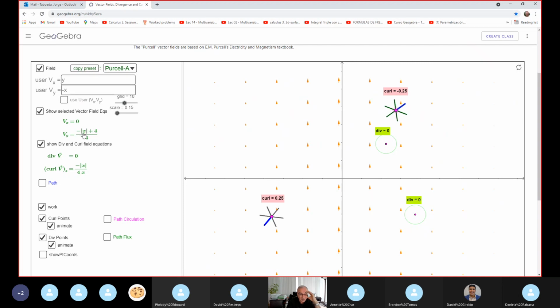Look in this formula. However, if it is minus, it is the opposite sign. So in this case, look, the curl is positive. If it is positive, it rotates the vector field counterclockwise. If it is negative, it rotates the vector field clockwise. Wow, fantastic. I like that.